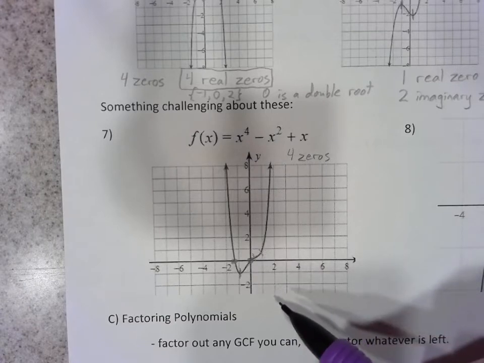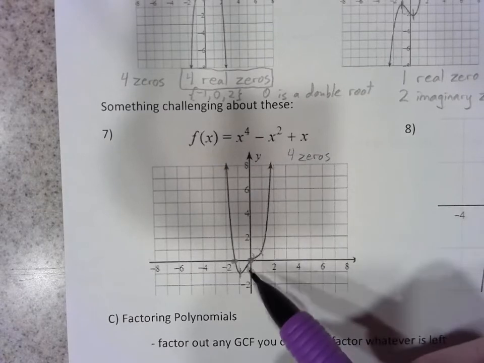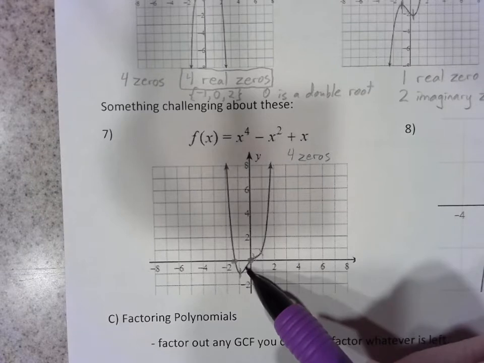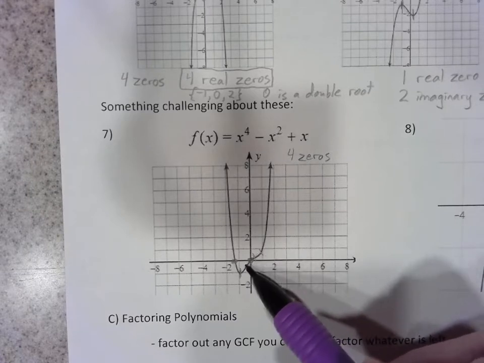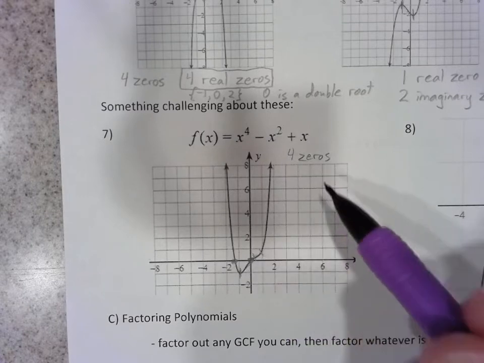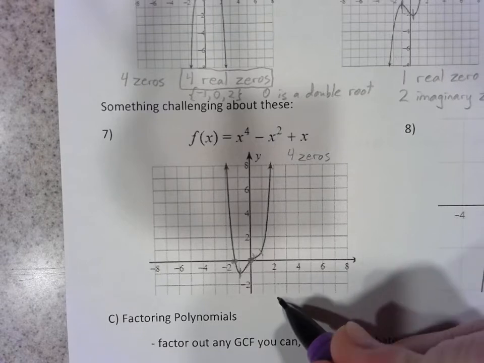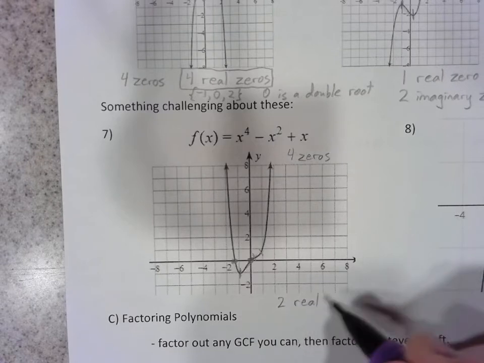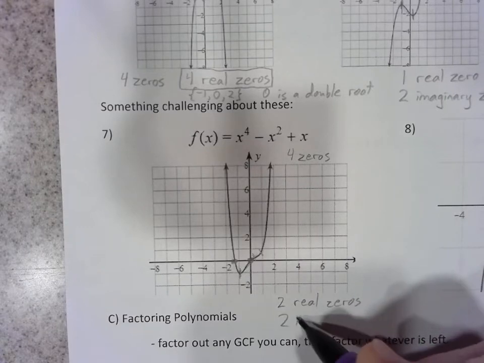And so we know that we have to have 3 zeros through here, but it goes straight through. And so there's only one real zero, and the other two must be imaginary. So this ends up with 2 real zeros and 2 imaginary zeros.